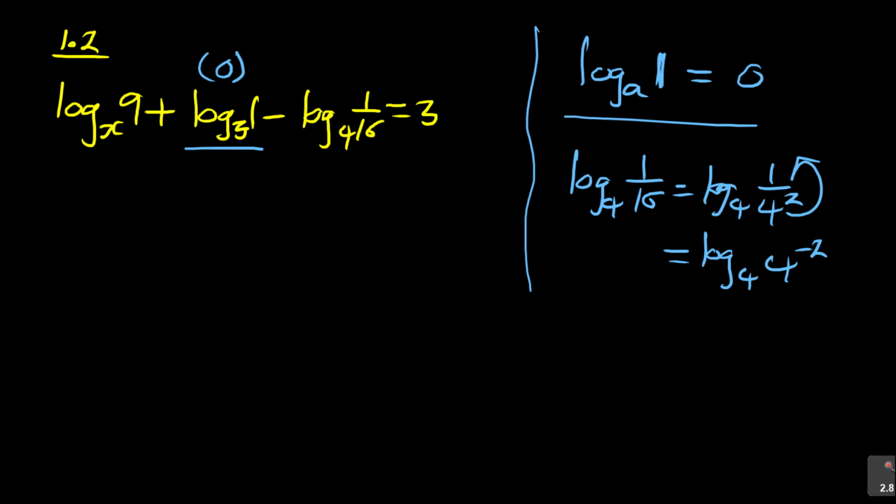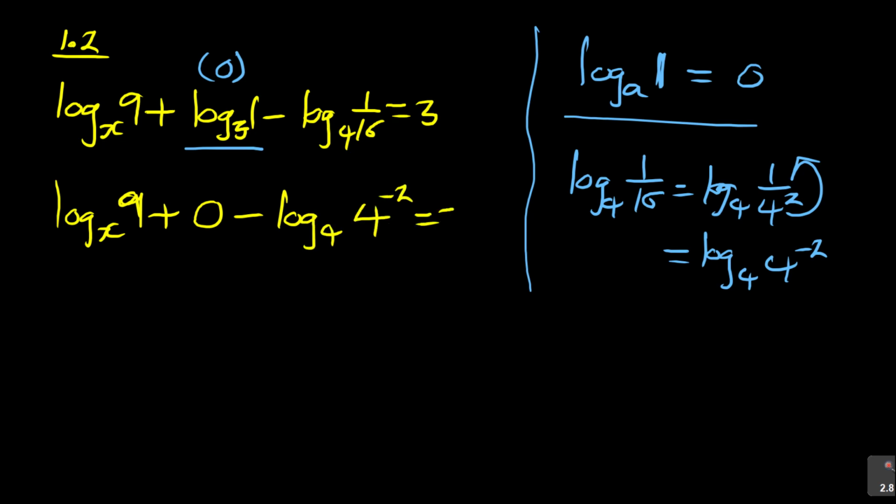So we continue, saying this is log base x of 9 plus 0 minus log in base 4 of 4 to the power negative 2 is equal to 3. They will mark you that because that is where it's coming from. Now, careful. This negative 2, remember it goes this side and multiplies. So there will be 2 negatives.